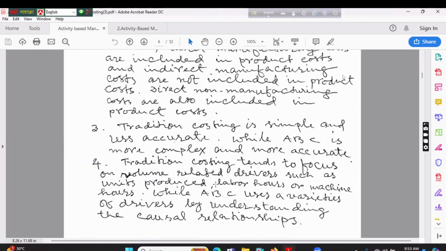Number three, traditional costing is simple and less accurate, while ABC is more complex and more accurate.